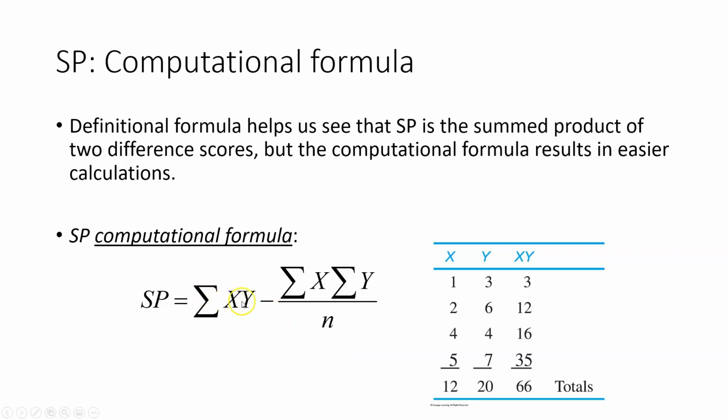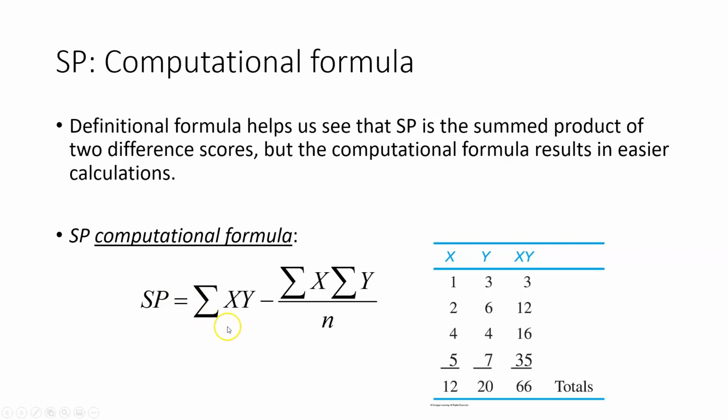Instead of the sum of x squared minus the sum of x squared over n, it's the sum of x times y. And if these are similar to each other, then that would be almost the exact same thing as squaring them. And here we take the sum of x times the sum of y, and we divide it by n, just like we did in the computational formula of sum of squares.